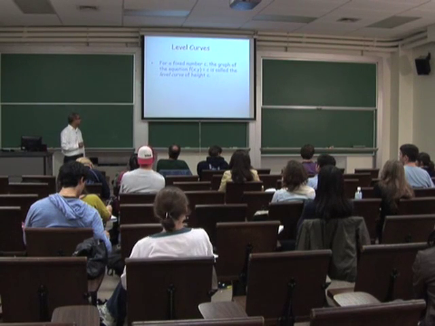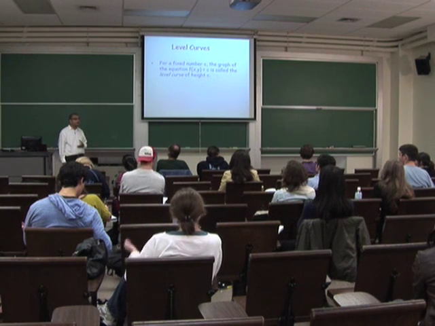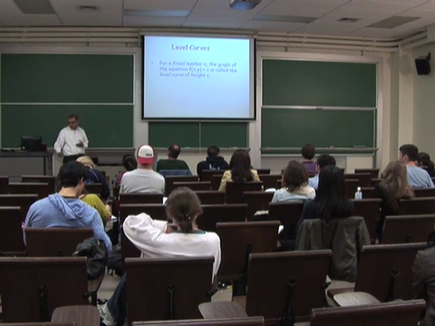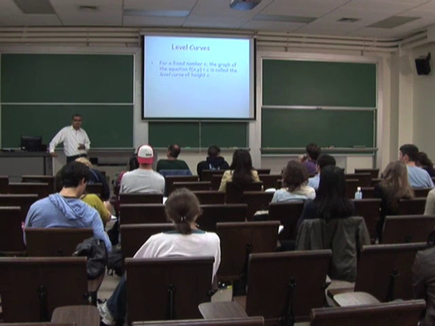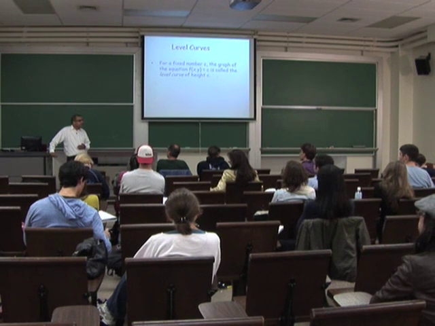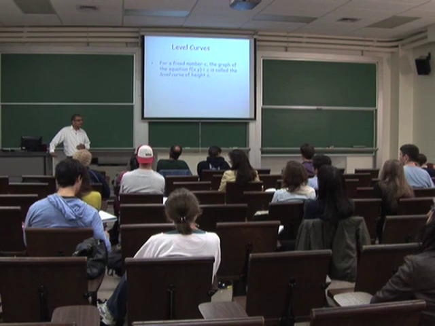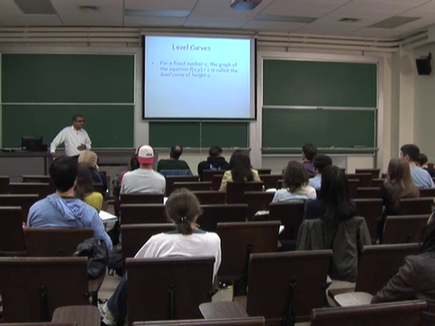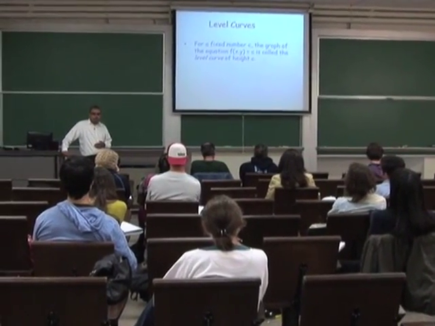Now, mathematically, you could think of a level curve for a three-dimensional function, for a three-dimensional graph, meaning a function of 2 dimensions, as all the combinations of x1 and x2, that is, all the combinations of the input variables, which give you the same output.